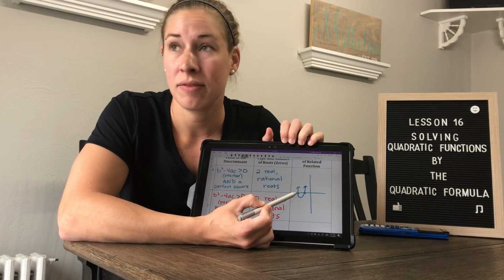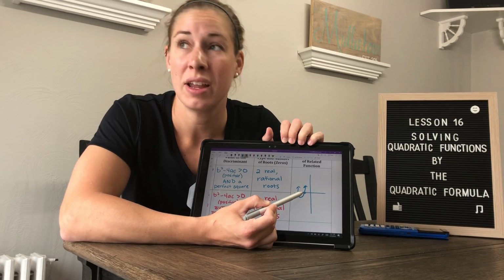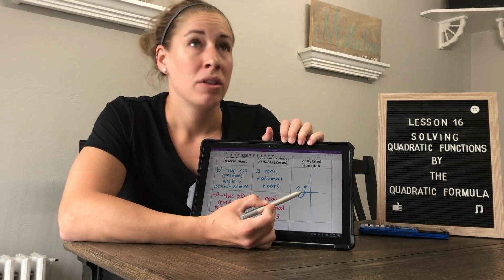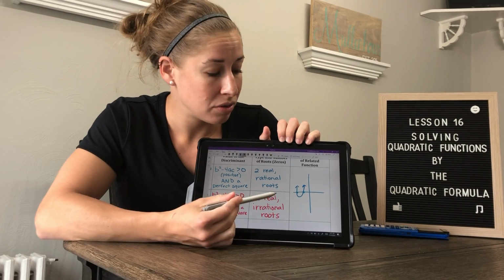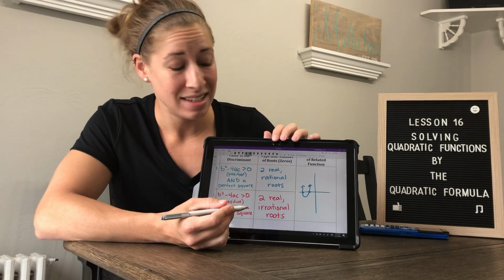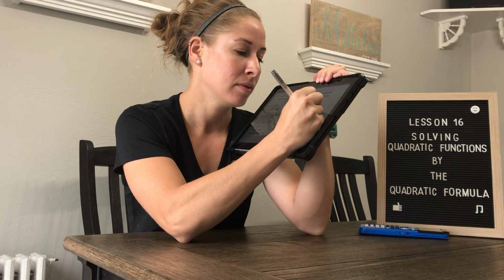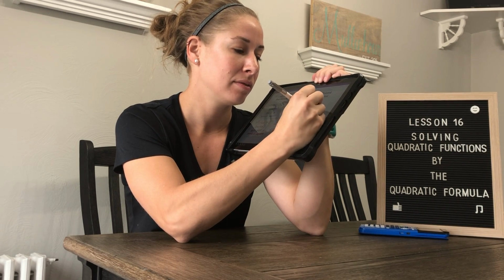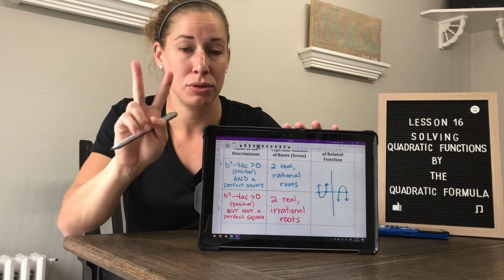This might be negative 9.73121, and this might be negative 2.713512. But it's crossing through the x-axis at 2 points. It could also be opening down, okay? But they're either going to be rational or irrational roots, 2 of them.